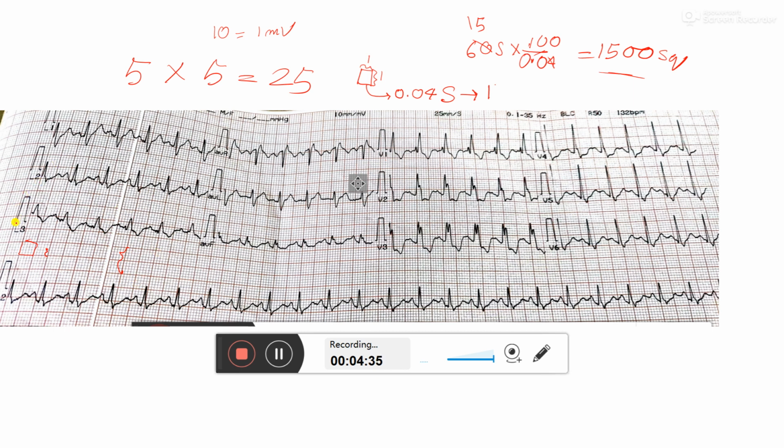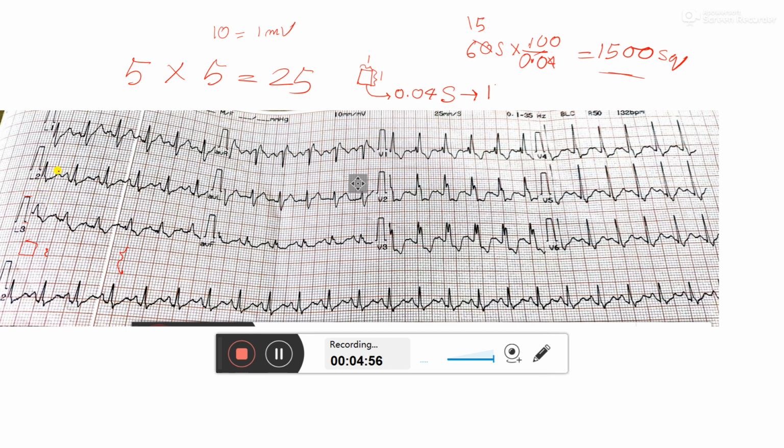Okay, it means this much is 1 millivolt. Here is a calibration. It indicates how much voltage is taken by the ECG machine. Normally it is 10 millimeters, so it is 1 millivolt.